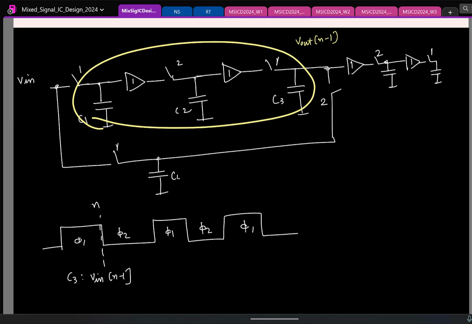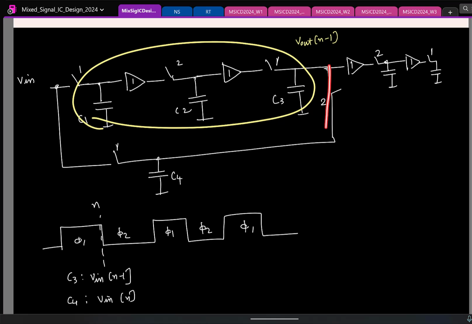Fine. Across C4, what will be the voltage at the nth clock instant? V in of n. Yes. C4 is sampling V in of n. So till this point it's clear, straightforward. Now let us see what happens in the next clock phase, phi 2.